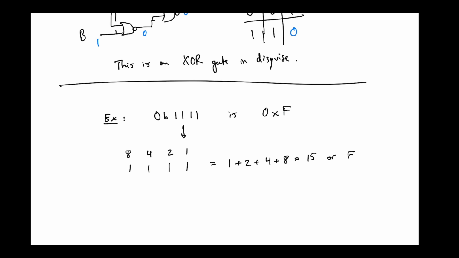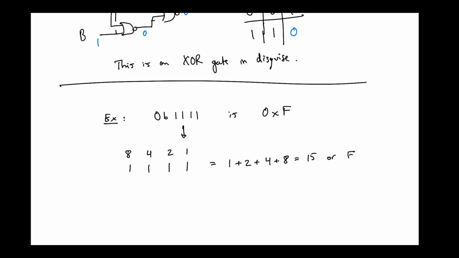I'll still have 1, 2, 4, and 8, but then I'm going to have 4 more. What will be after 8? How did I go from 1 to 2, 2 to 4, 4 to 8, and so on? 16, then 32, then 64, and finally 128.